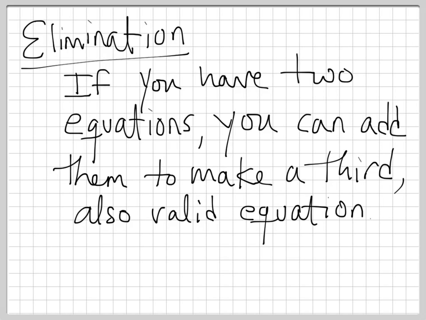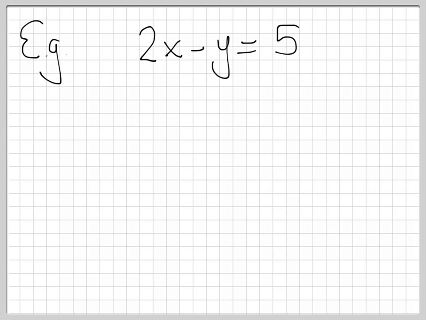So substitution works wonders. Elimination is our next one. What elimination said was if you have two equations, you can add them to make a third, also valid equation. And so our example of that is to take something like 2x minus y equals 5 and 3x plus y equals 10.